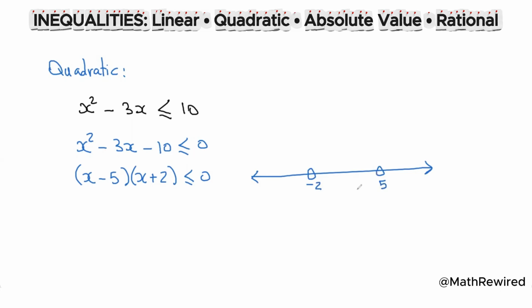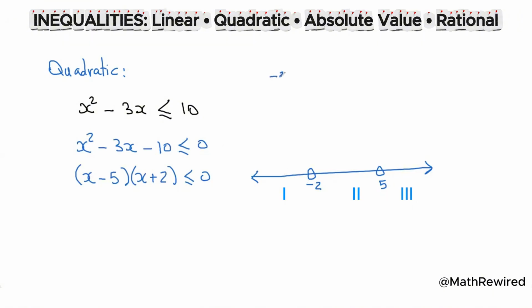Now, if you look at this number line, it is divided into 3 segments. This one here, this one, and this one. So what you want to do, you're going to take a number in each segment and test it. Stick to smaller numbers. So I'm going to stick to negative 3 here.